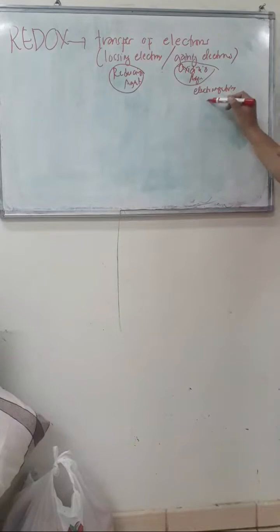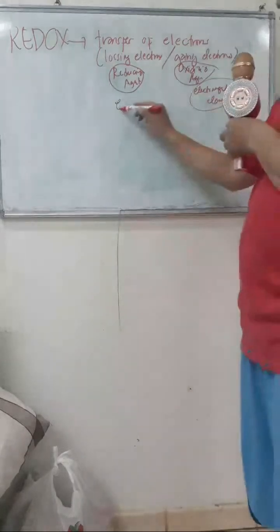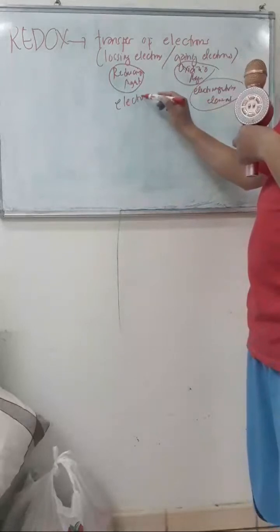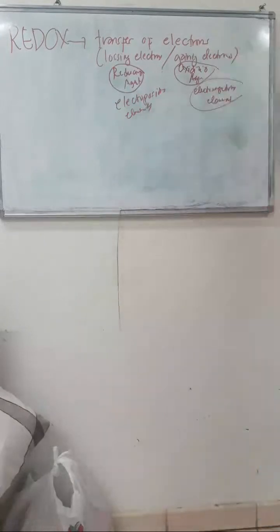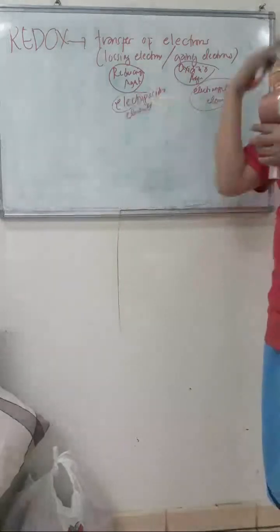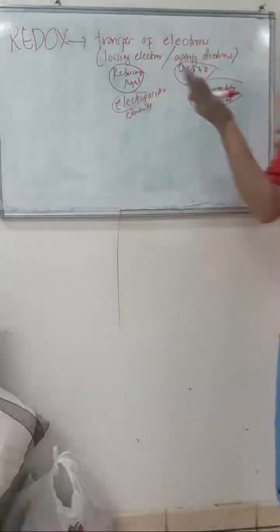Don't be confused with the terminologies. Electronegative elements mean the charges are negative. Here, these are the electropositive elements. From now on, change your perception that these elements or metals have no electrons. They have electrons, because your idea of electrons is always negative. You get the point?